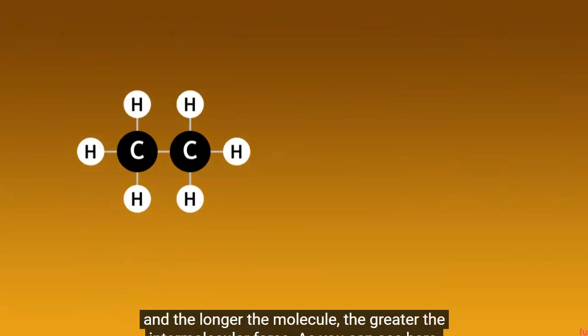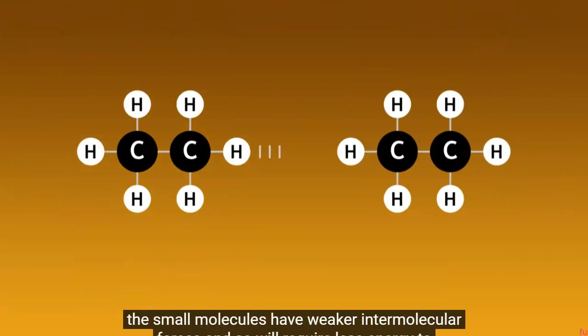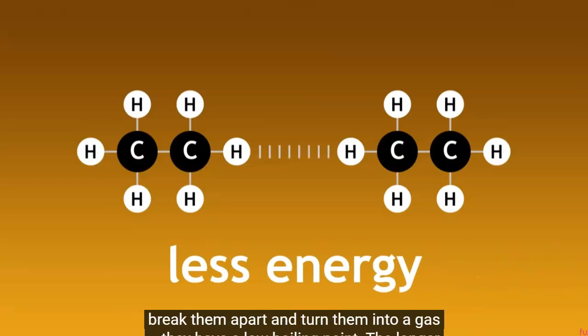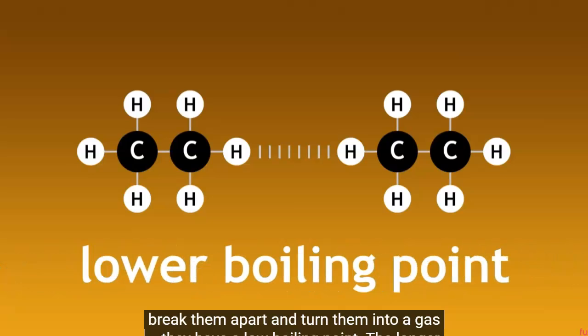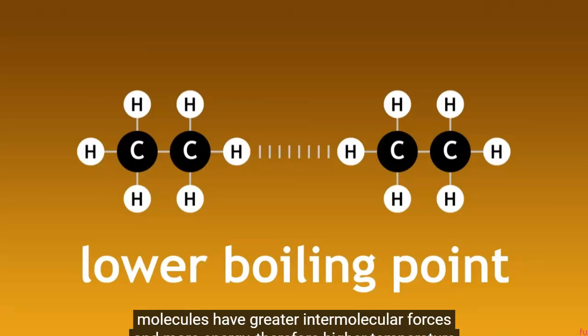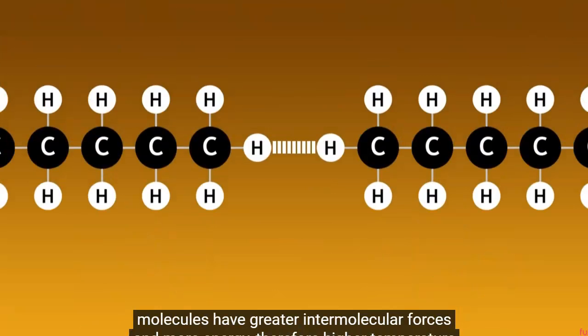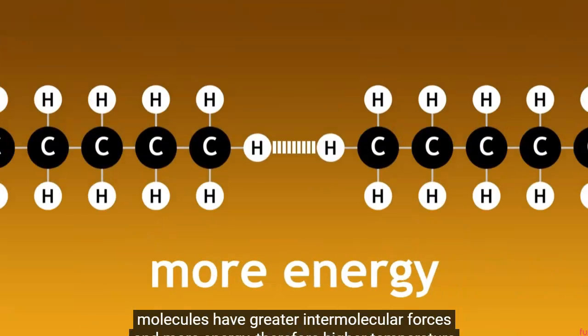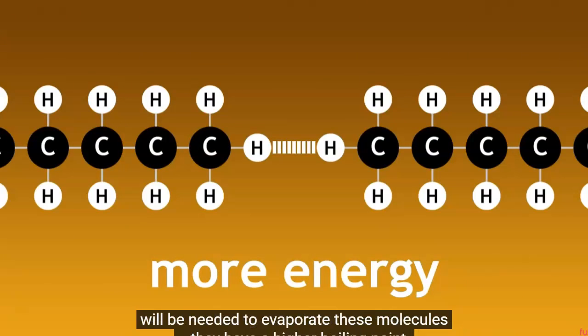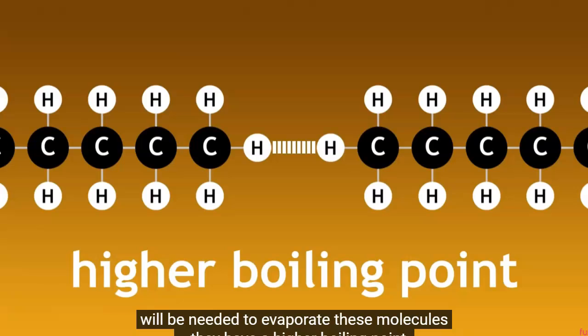As you can see here, the small molecules have weaker intermolecular forces, and so will require less energy to break them apart and turn them into a gas. They have a lower boiling point. The longer molecules have greater intermolecular forces. More energy is required, a higher temperature will be needed to evaporate these molecules. They have a higher boiling point.